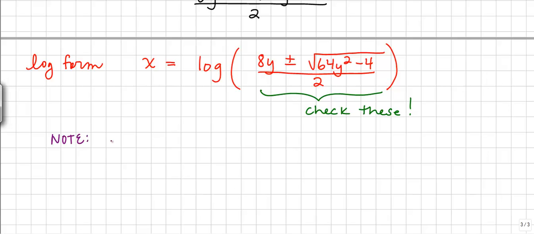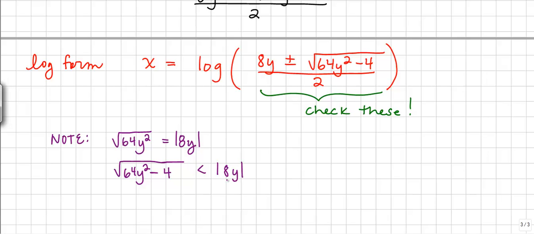First of all, if I simply had the square root of 64y squared, I could think about that as basically the absolute value of 8y. And therefore, the square root of 64y squared minus 4 would be smaller than that quantity.